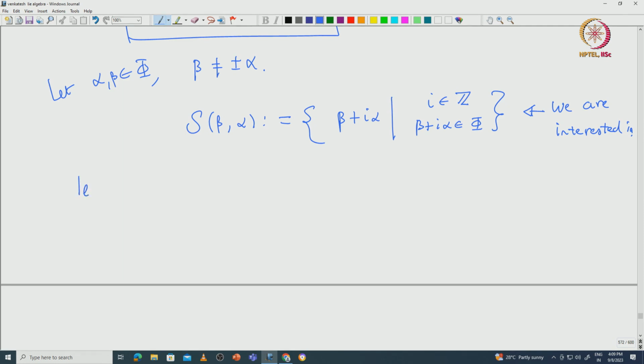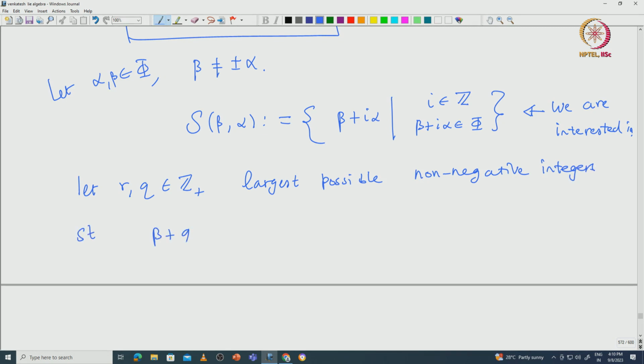So, let R, Q be two non-negative integers, again the largest possible, such that beta plus Q alpha is in phi and beta minus R alpha is also in phi.